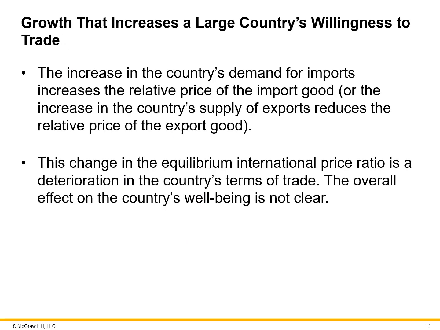So when we think about it, we have growth that increases a large country's willingness to trade. What does that mean? Growth that expands export supply or increases import demand can worsen a large country's terms of trade. Export prices fall or import prices rise, and whether the country is better off depends on whether production gains outweigh trade losses. One example is Brazil's recent expansion in soybean exports.